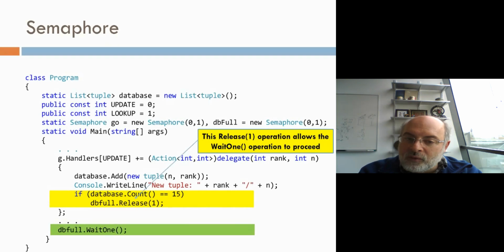Similarly, the view, which had 0, 1, 2 members, right? And when we got to 3 members, we toggled the other semaphore go. The view could go from 3 to 4 to 3, or it could go from 3 to 2 to 3. And if those kinds of things happen, we will attempt to do a second release 1. So if these semaphores had multiple releases done on them, they would eventually hit that threshold value of 1, and if you did a subsequent release, an exception would be thrown.